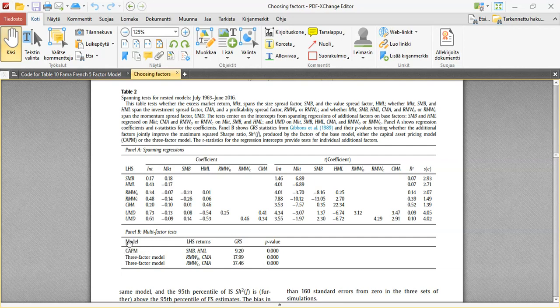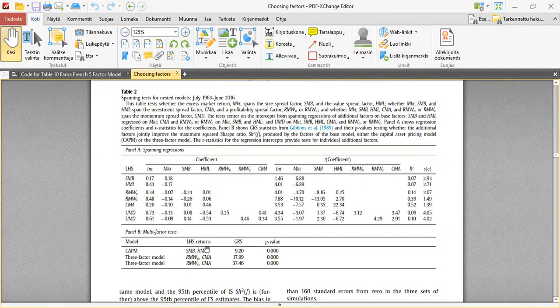Under the null hypothesis, the null model is the CAPM, and the alternative model is the three-factor model. Testing these two intercept terms simultaneously results in a GRS test statistic of 9.20, and the corresponding p-value is 0.00, which indicates that we reject the null hypothesis, so we reject the CAPM, and we accept the alternative hypothesis. Under the alternative hypothesis, the three-factor model is the corresponding asset pricing model.